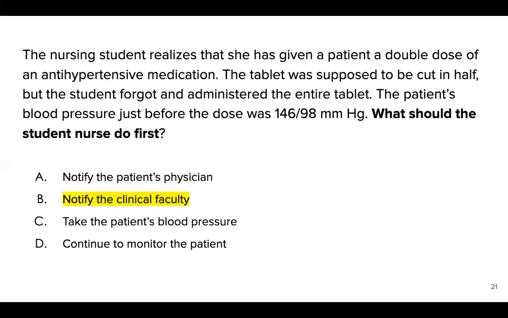If we think of the nursing process, we want to assess first. Now, we know that a lot of oral medications take 30 minutes to take effect, and you already got the blood pressure before the dose. So is the blood pressure going to change in 5 minutes? It's not. We also want to continue to monitor the patient, and it'll be important to notify the patient's physician, but notifying the clinical faculty is going to be #1.